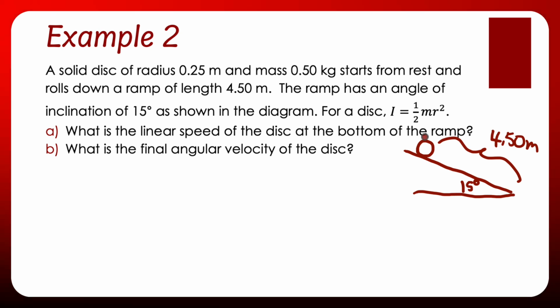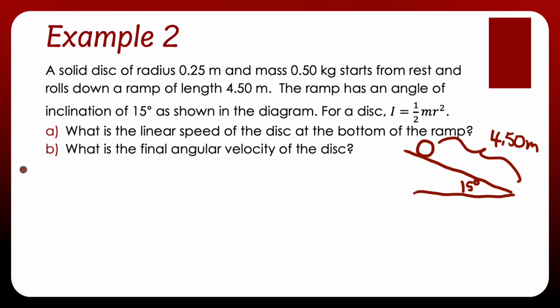We know at the top it has potential energy, and as it goes down, my disk will roll, and the gravitational potential energy will be transferred into both rotational and linear kinetic energy. So let me set up my conservation of energy equation.